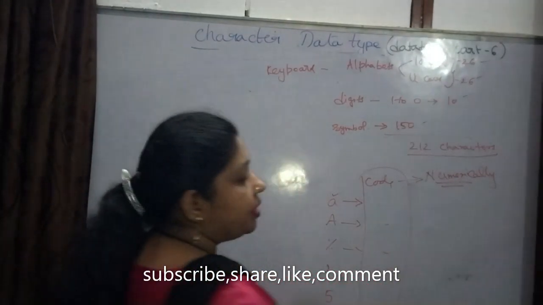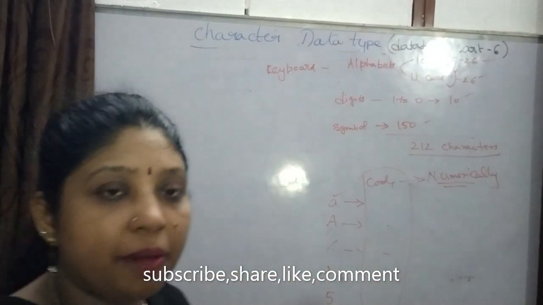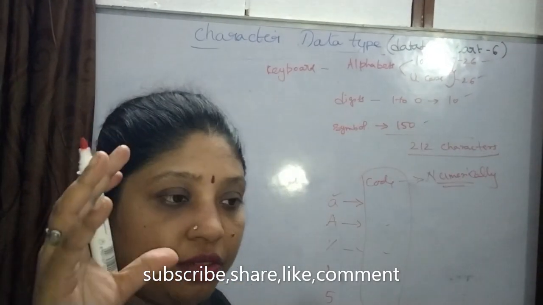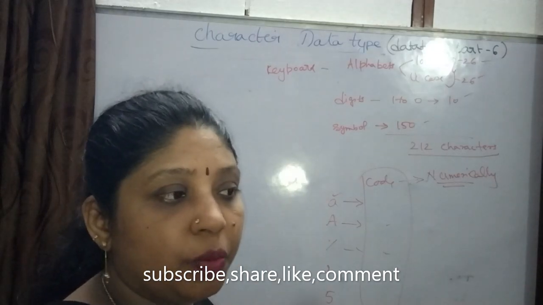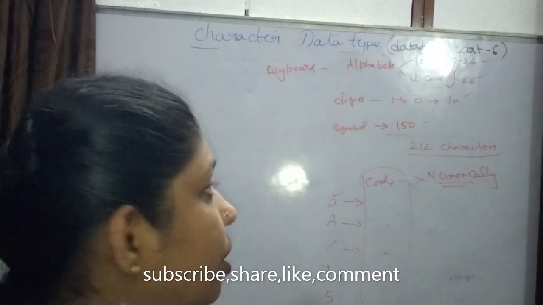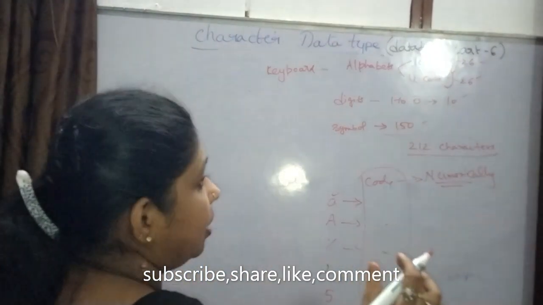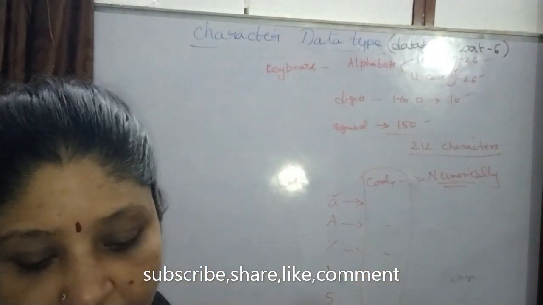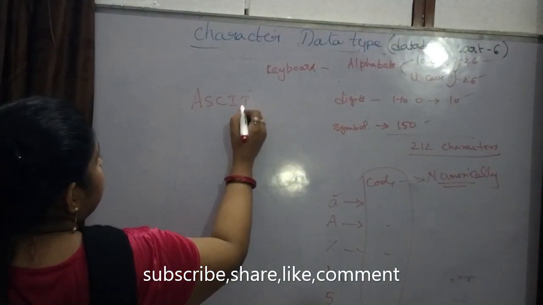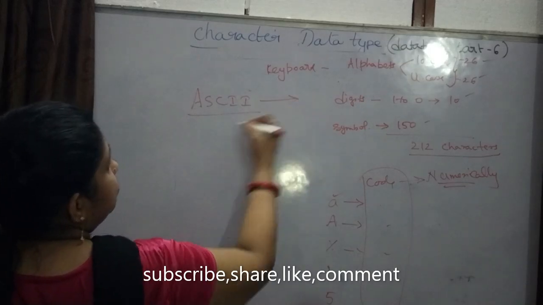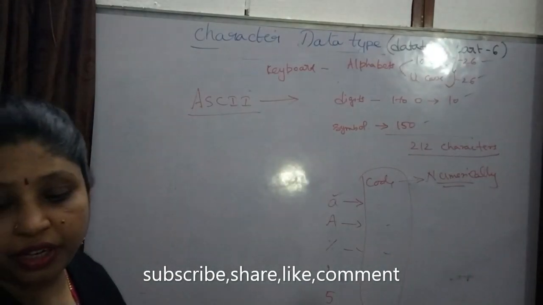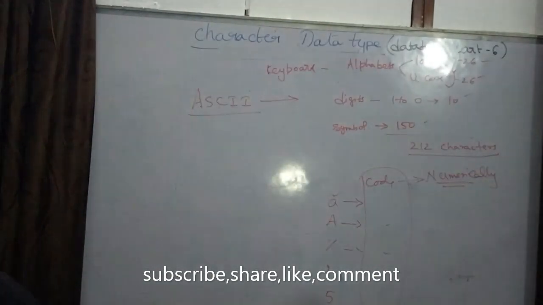These codes are designed numerically. Some number system they have given to these codes. If you put them in the number system only, it will be easy for the compiler to understand. Understood? So that institution name is ASCII. ASCII is the institution, American Standard Code for Information Interchange.